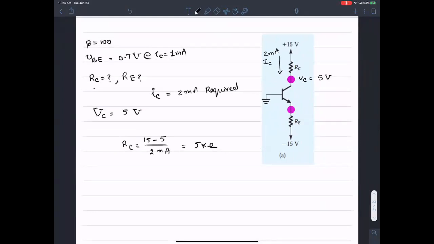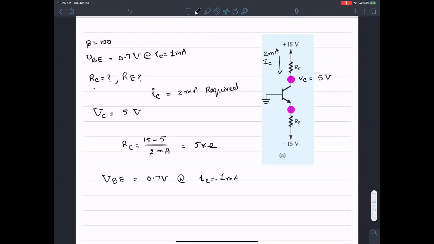What would I do next? So VBE is given to be 0.7 volts at IC equals 1 milliampere.